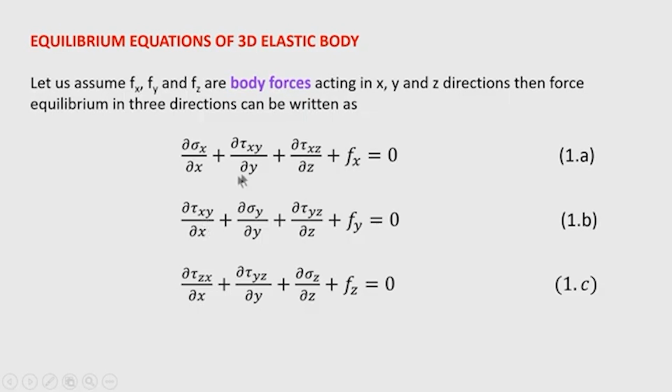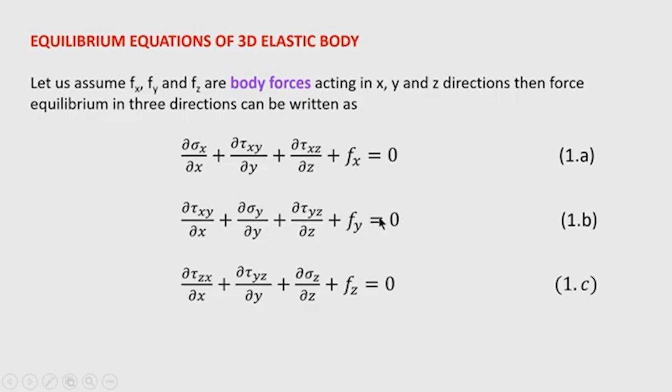equations. Actually, there are 6 equations of equilibrium. 3 equations that I have written here as 1.A, 1.B, 1.C are derived from force equilibrium in x, y and z direction.